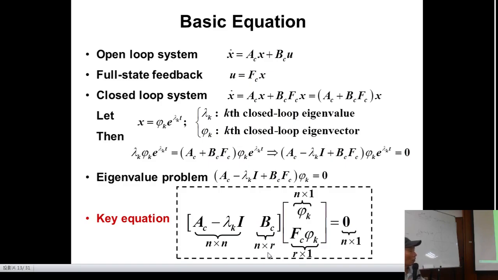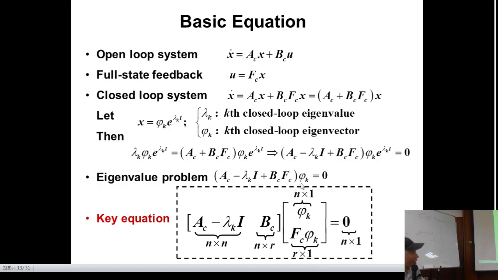Now if R equals 1, you have only 1 input. Then this matrix size will be N by N plus R, this matrix, right? And this is R by 1. And FC is embedded here.